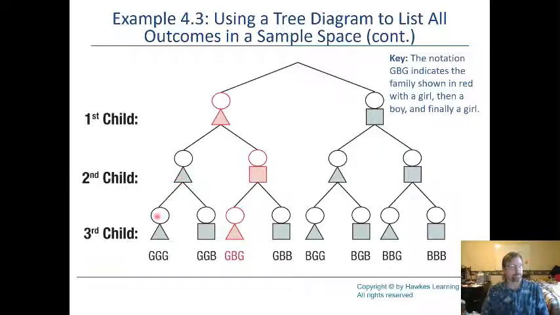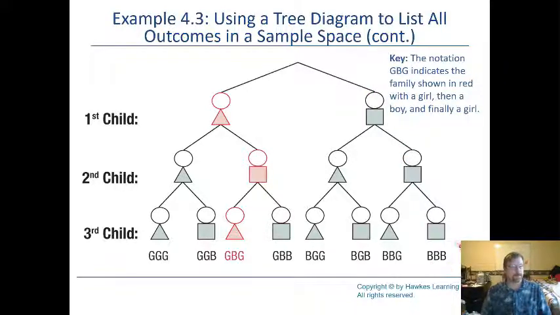Then the third child, if the second child's a girl, could be a girl or a boy. So we could have a pattern where the children are girl, girl, girl, or girl, girl, boy, GGB, or the one shown in red, girl, boy, girl, and on down to boy, boy, boy.